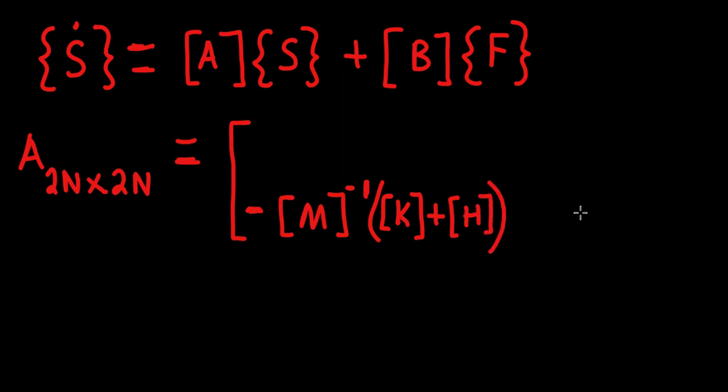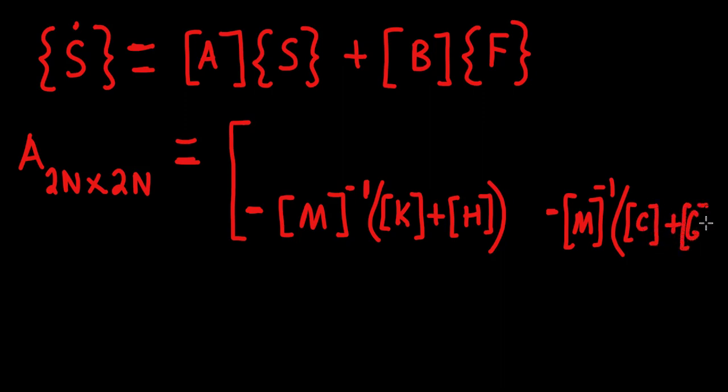In the bottom right, we have, again, the negative of M inversed, this time being multiplied by the sum of C and G, where again, C is our damping matrix and G is our gyroscopic matrix.